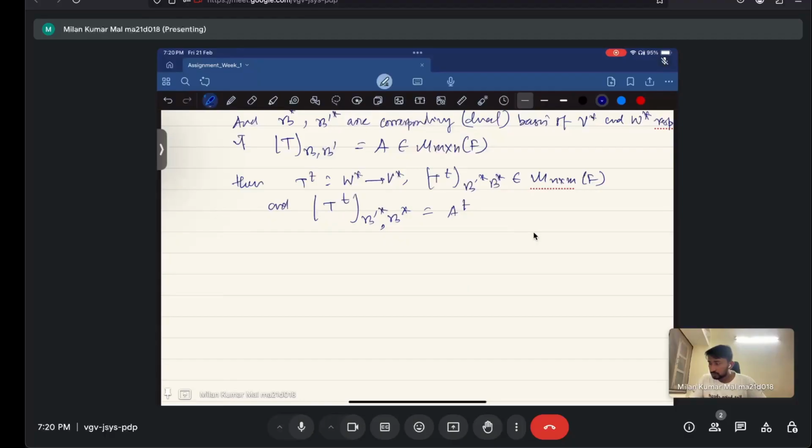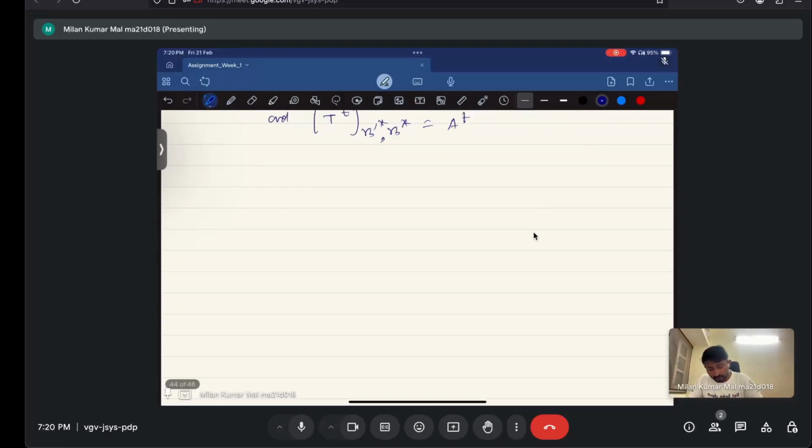Now this is one fact, and the second fact is the similarity of matrices. Consider the matrix representation of a linear operator, one correspondence. Okay, now we know, basically I just want to write it.